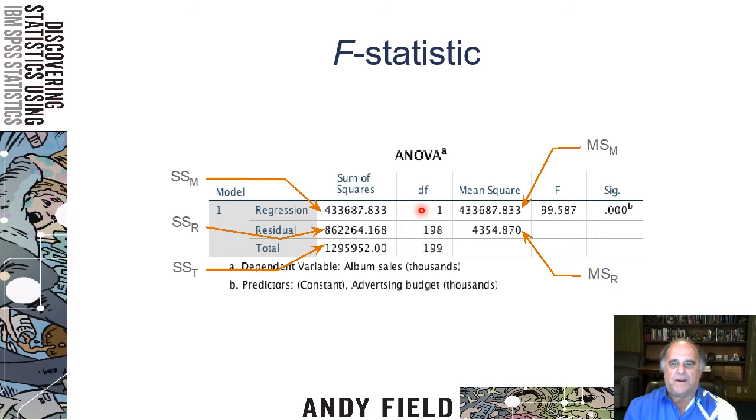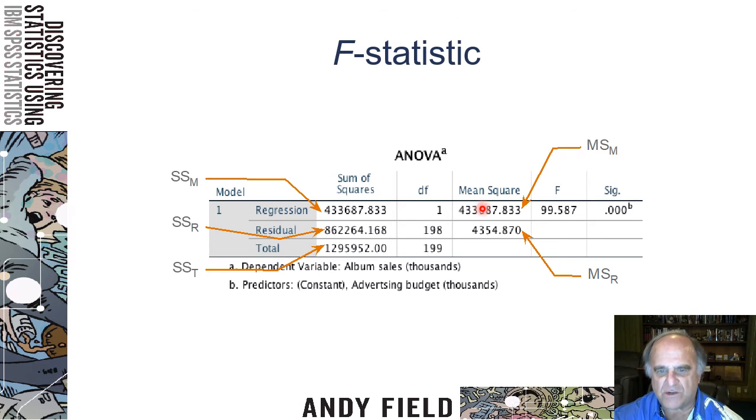Those have to add up. Just as you can see the sum of squares add up, the degrees of freedom are going to add up. So this is going to be 1 plus 198. Our total degrees of freedom is 199, or n minus 1, or the number of subjects minus 1. In this case, subjects are albums. They're not people, but they're still cases or subjects. And so our n is going to be equal to 200.